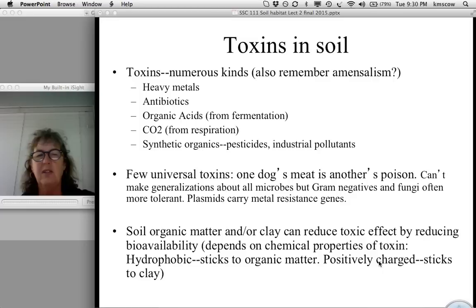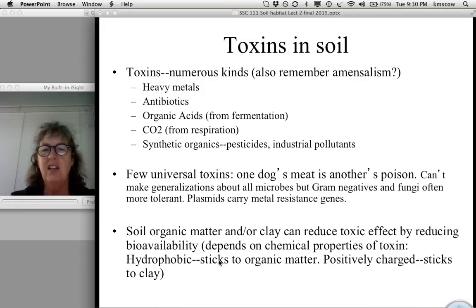For example, if the toxin is a positively charged heavy metal and it sticks to clay, it may be present at a high concentration in the soil, but the microbe can't see it because it's held tightly to the clay and simply is not there to be taken up. So it's not really toxic. And also hydrophobic compounds, compounds that hate water, will partition into organic matter. This will also affect their bioavailability and reduce their toxicity. Or if the substrate is a nutrient, it may reduce access of that to organisms. It can work either way.